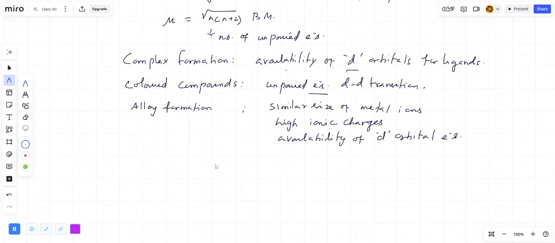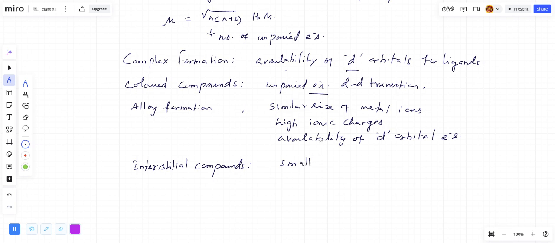Then it forms interstitial compounds. The reason is small sized atoms.